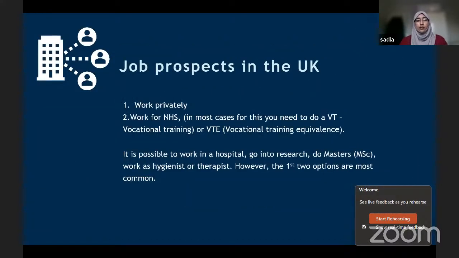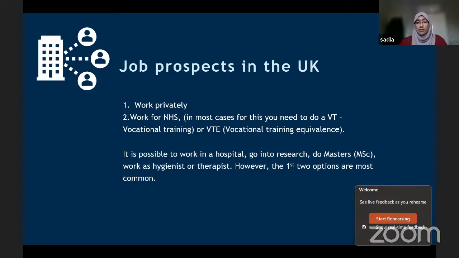Talking about job prospects in the UK, Dr. Bashir has already told you about two routes, the ORE and the LDS. Now, what after the ORE is the question. You can either work as a private dentist or work for the NHS. What is the NHS?